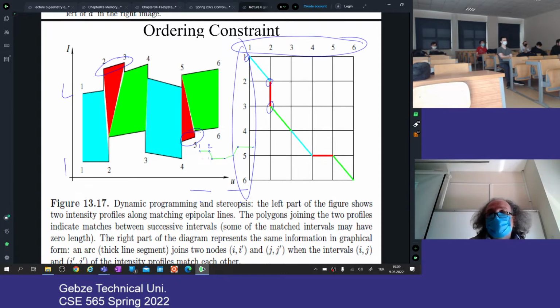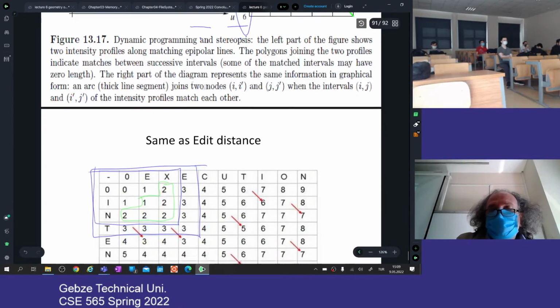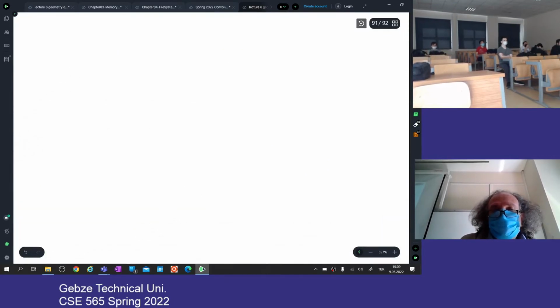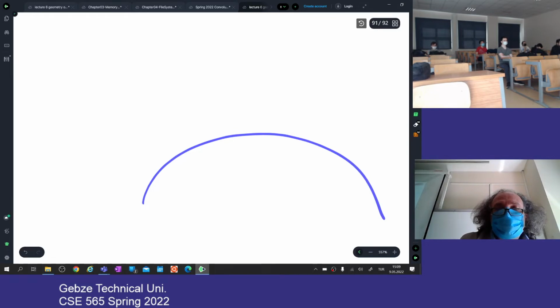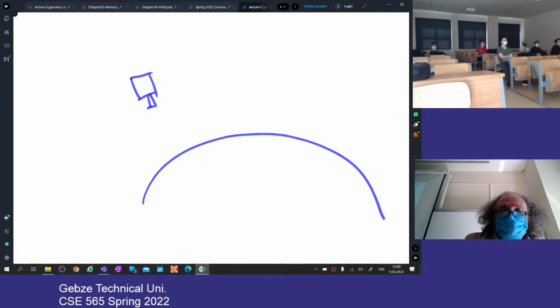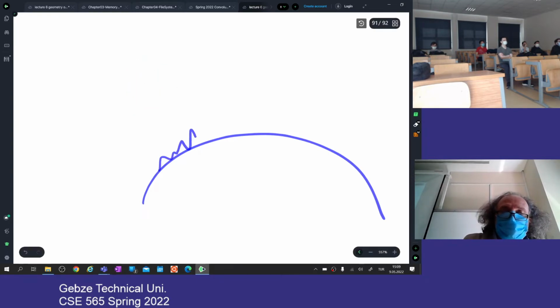By the way, satellite images, they take stereo by doing this. Let's say this is the Earth, and this is your satellite, a large camera. It is looking at Earth in this direction. These are your mountains and that kind of stuff on the Earth.